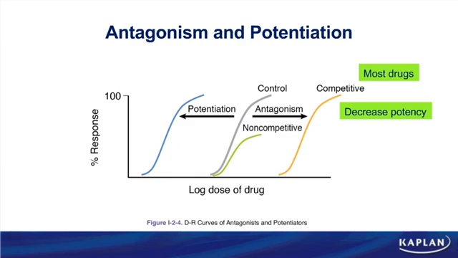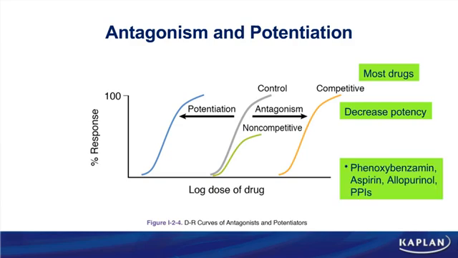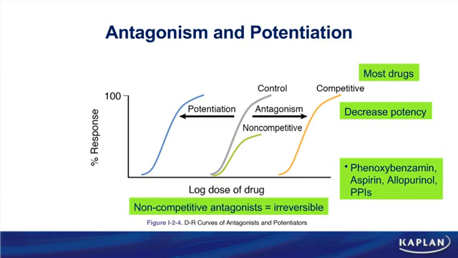Then look at the non-competitive antagonist. Examples of non-competitive antagonists: drugs like phenoxybenzamine or aspirin, allopurinol, and proton pump inhibitors, and probably others that you can think of. The non-competitive antagonist, notice down at the bottom of my slide, reminds us that many, many times a non-competitive antagonist is actually binding irreversibly to the receptor.